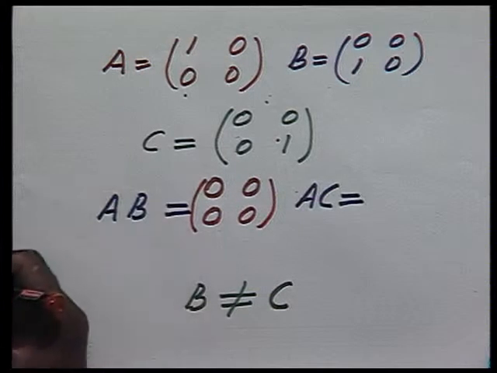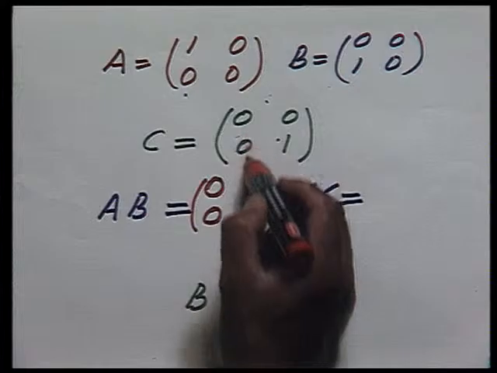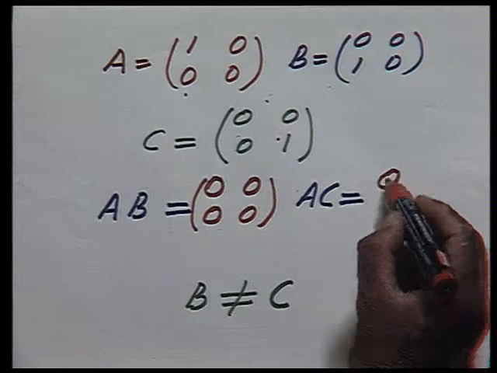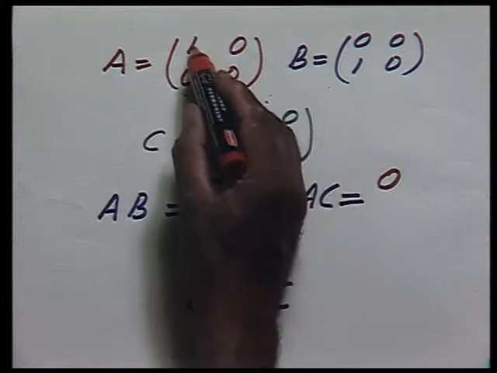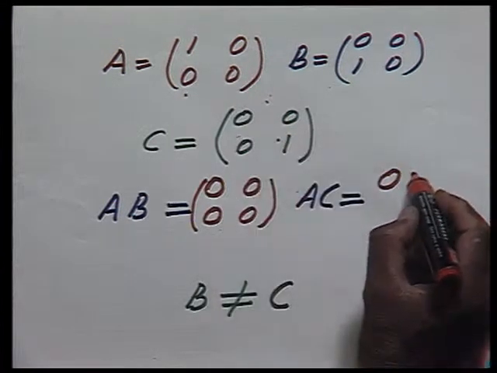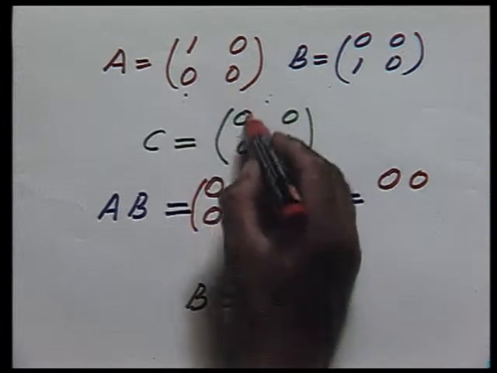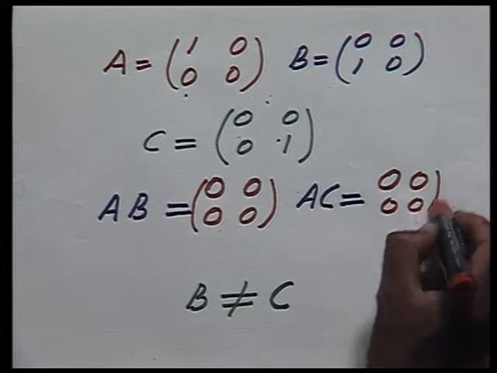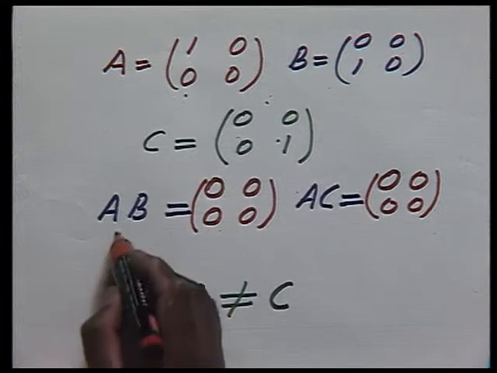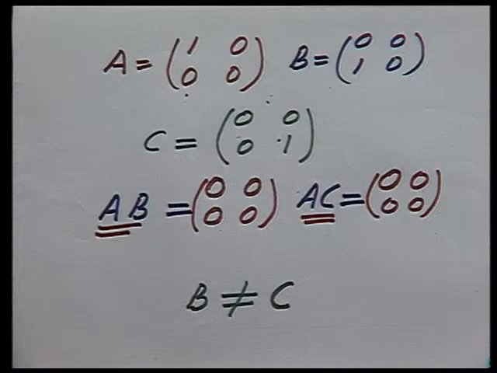What if I multiply A and C? A and C, first row, first column, again I will get 0; first row, second column, 1 0, 0 1, again 0; and this one multiplied with this, 0 0, again 0. I am getting AB and AC both equal.